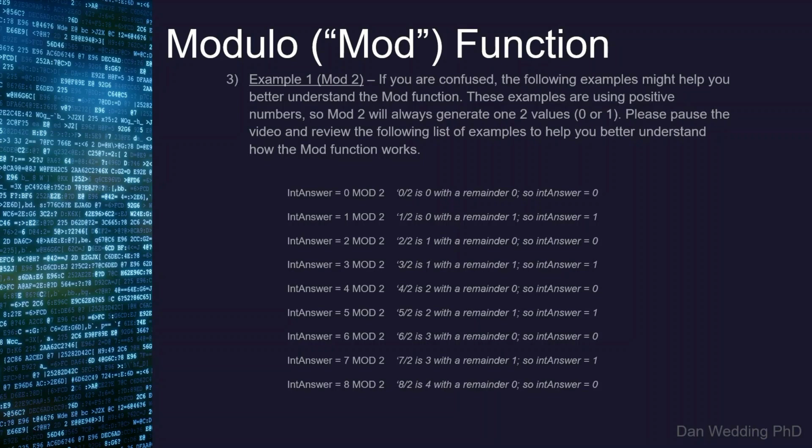If you are confused, the following examples might help you better understand the mod function. These examples are using positive numbers, so mod 2 will always generate one of two values, 0 or 1. Please pause the video and review the following list of examples to help you better understand how the mod function works.